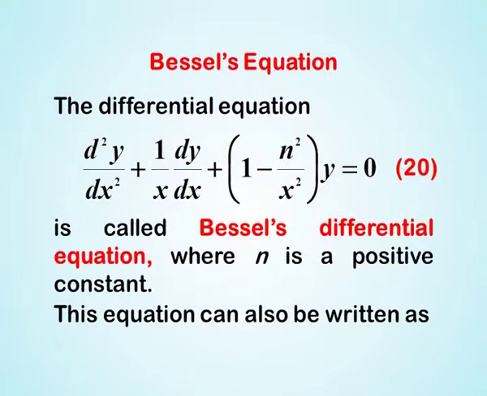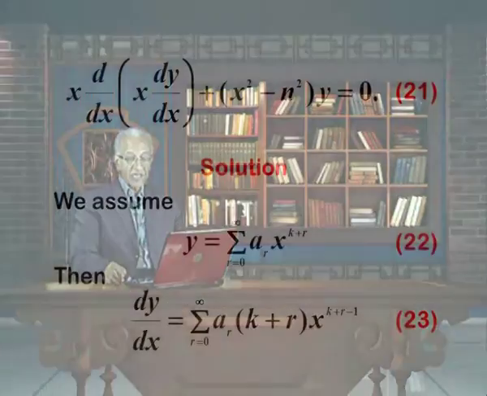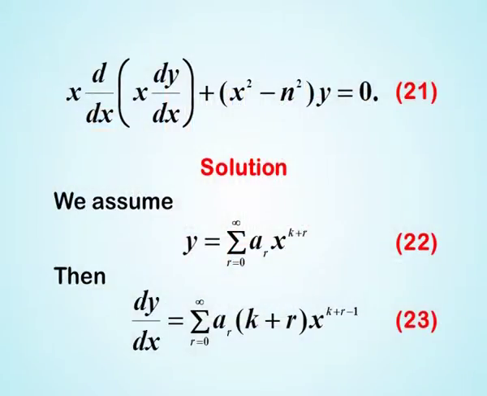This is again a second order differential equation, marked by equation 20, called Bessel's differential equation, where again n is a positive constant, the same as we had in Legendre's equation in equation number 1. The equation can also be written in another form, which is given as equation 21.